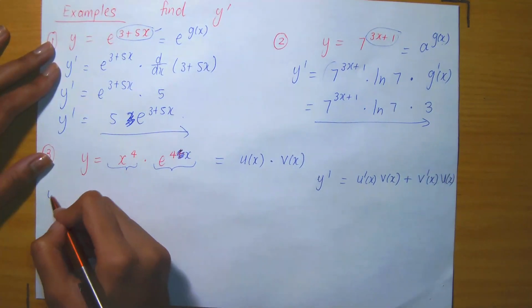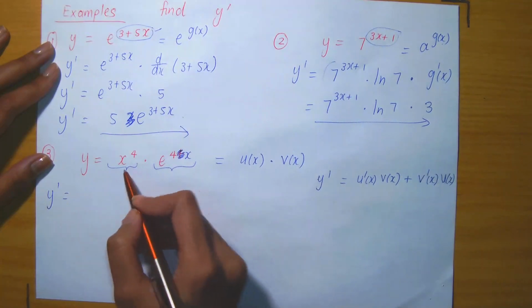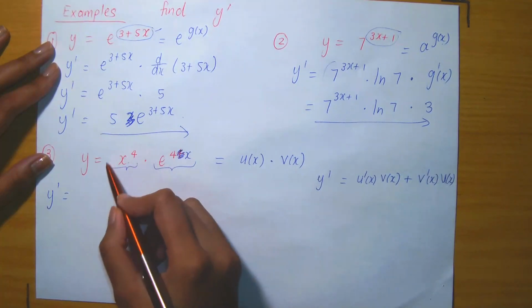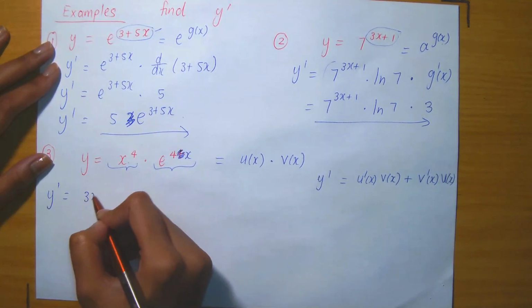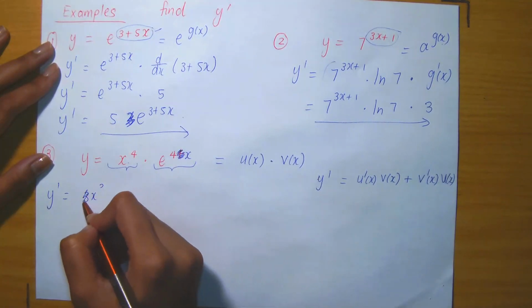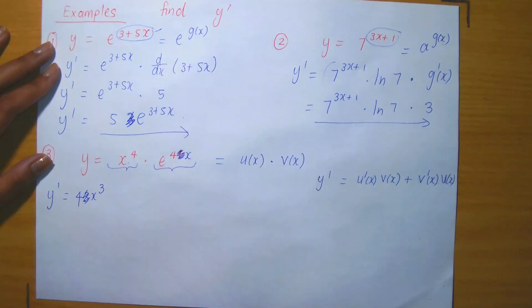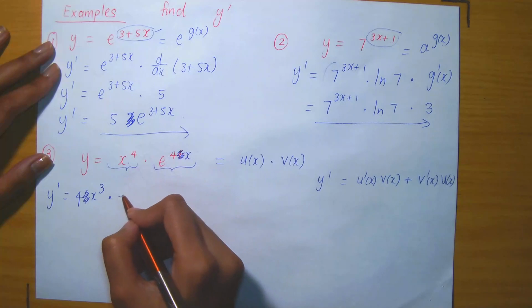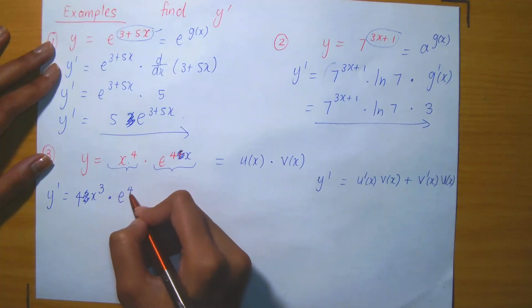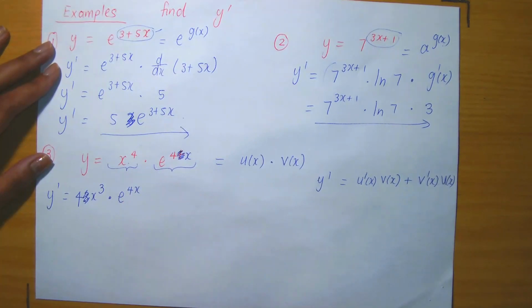So that now means that y prime is going to equal, since this is u and v, I'm going to take the derivative of x to the power 4. So that is 4x cubed. And now I'm going to multiply it to the second function, which is e raised to the power 4x. And now addition followed by the rest.